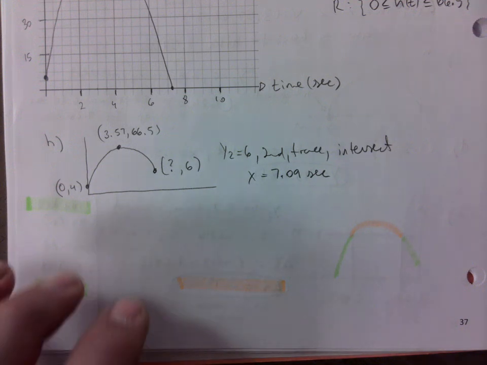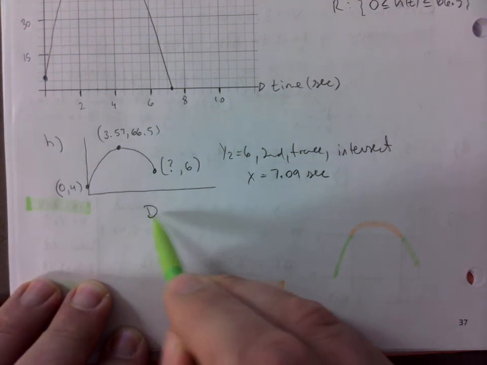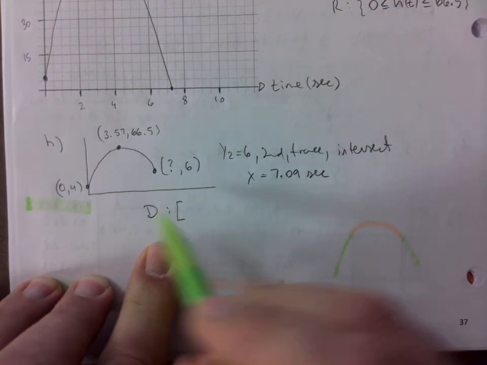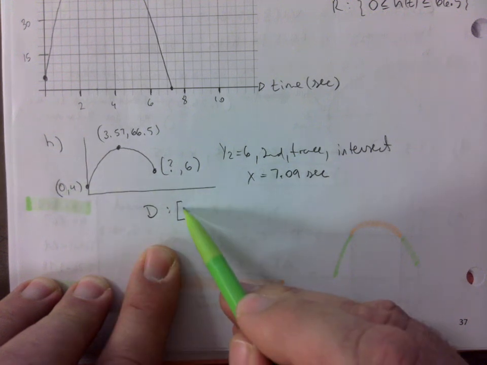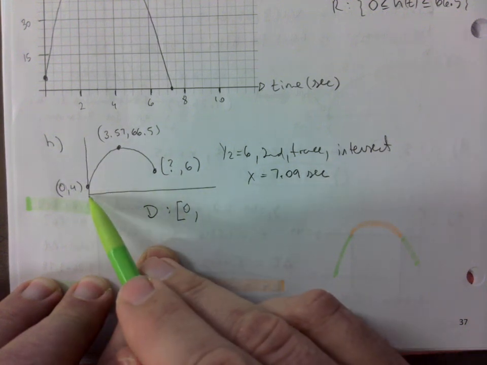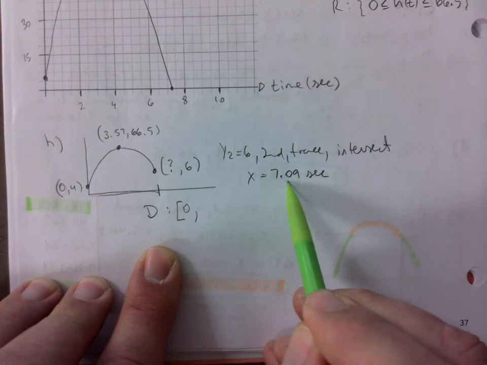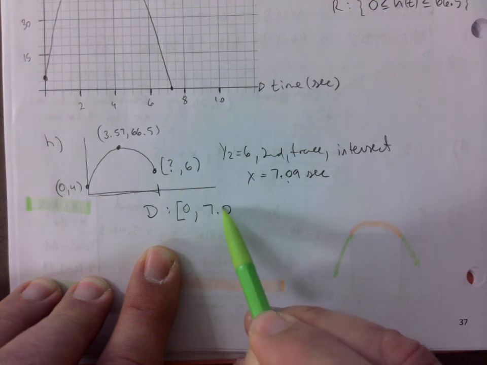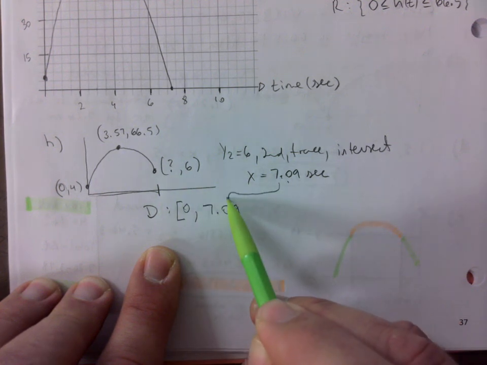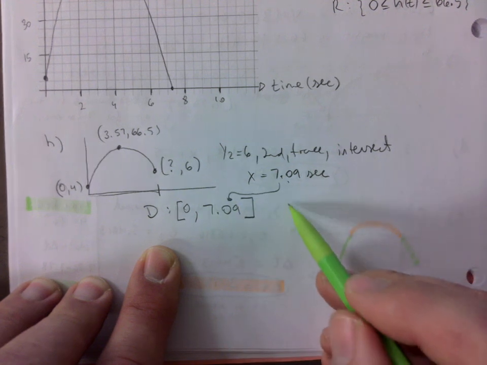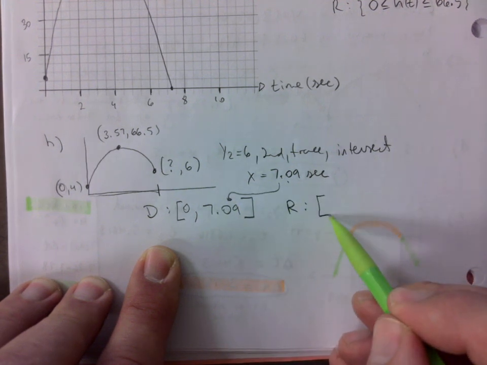Okay, so how does this change my domain and range? I know that my domain goes from 0, and it keeps going, keeps going, keeps going. It gets caught right there at 7.09. So that's how that changes. And my range, how's that going to change?